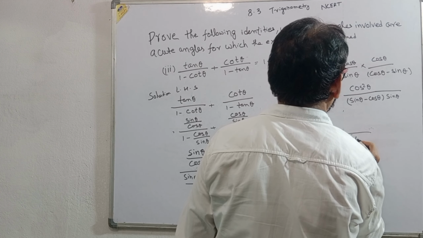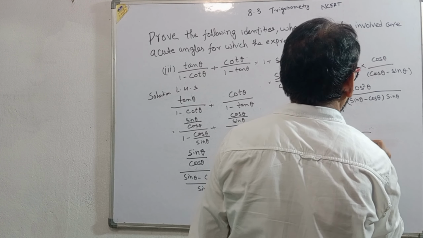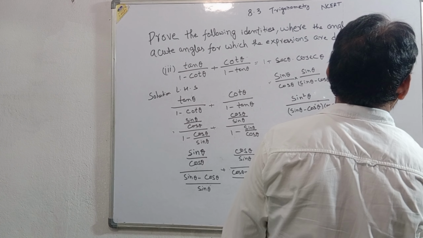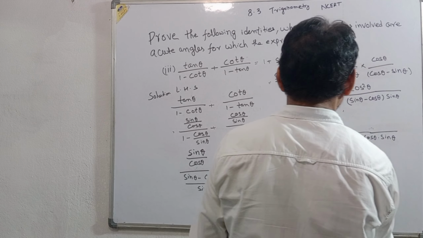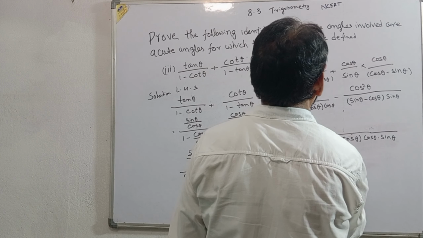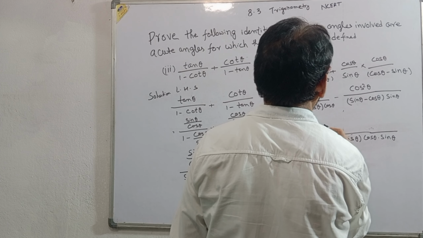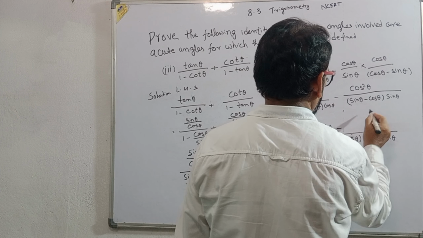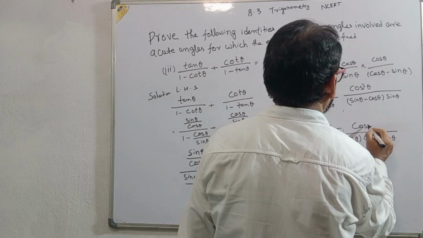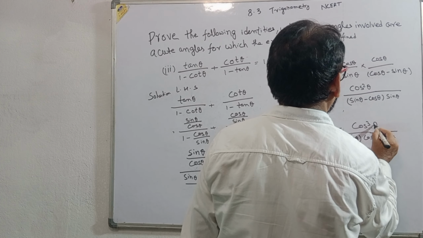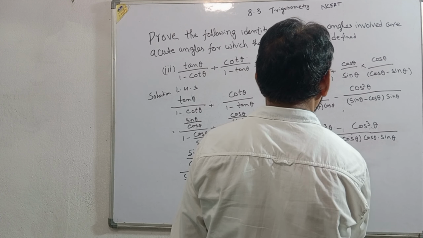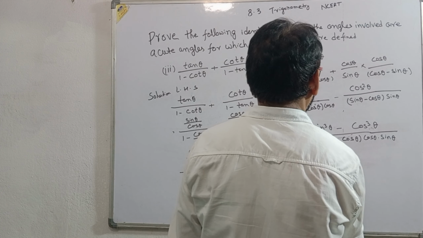Here cos theta into sin theta. Sin theta is cutting, cos cutting here, sin theta minus sin here cos cube theta. Now sin theta minus cos theta.